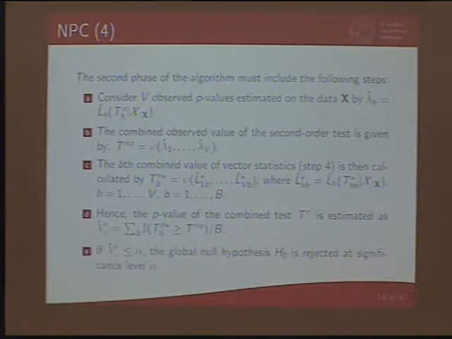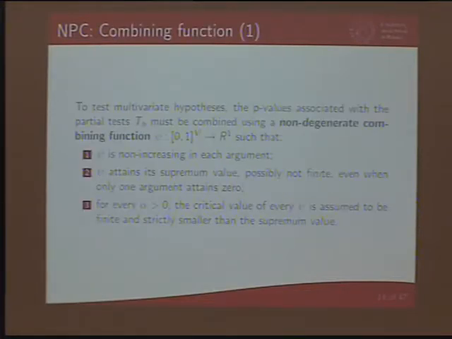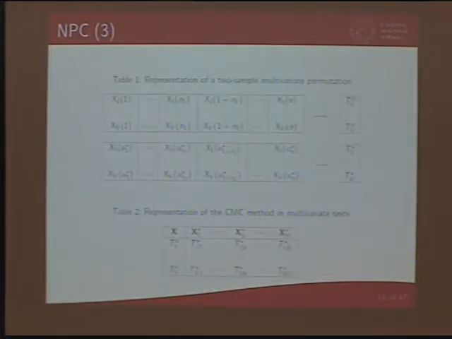Now, let me complete how we can apply those combining functions in order to come up with the multivariate p-value, related to the comparison of the two multivariate distributions. So, basically, we apply the combining function. We come back to this stage here, and we start taking the vector of the p-values for each permutation and for the observed one, and we apply the combining function to all those vectors.